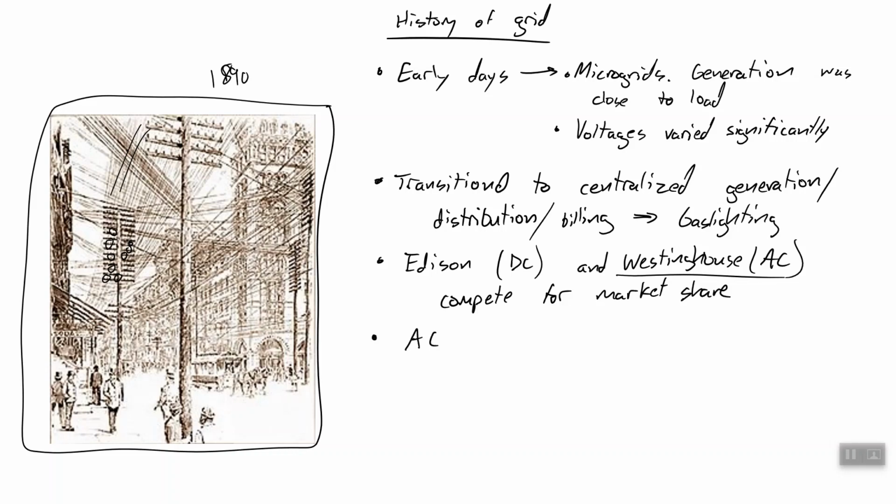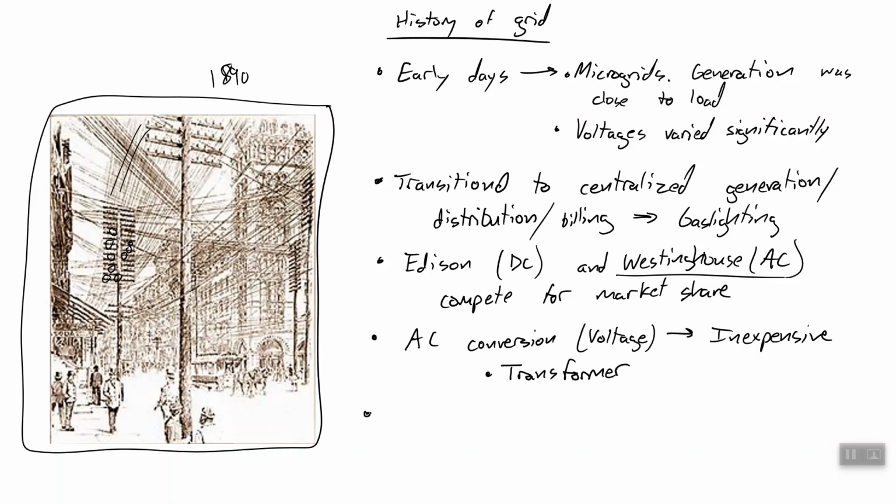And the real reason he won is because the conversion of alternating current voltages is actually relatively inexpensive. It doesn't take very complicated machinery, something like a transformer.